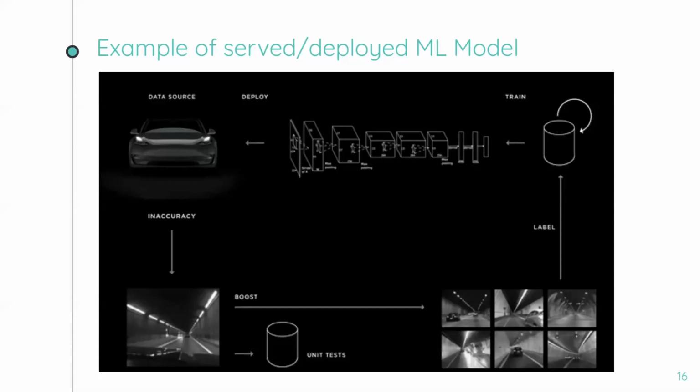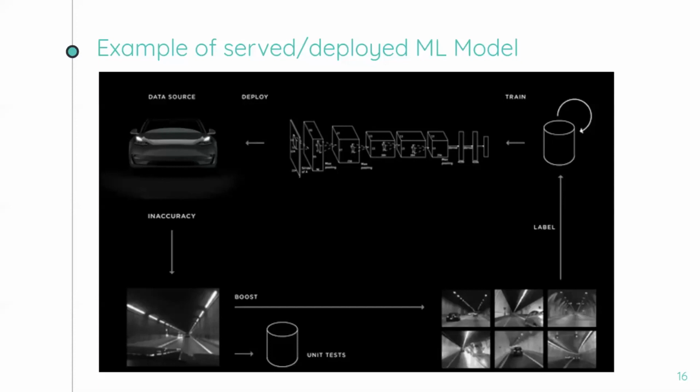There's a saying that as the world changes, you get new data, and then your machine learning model is supposed to adapt to the new data. So what Tesla does is, once the model is deployed on the car, they find inaccurate predictions, for instance false positives. So they get the images.